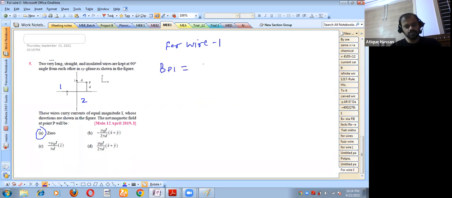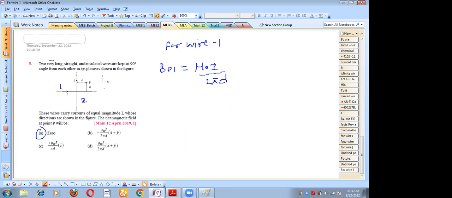What will be the value of magnetic field at point P? It will be mu naught I by 2 pi d. What will be the direction of magnetic field? Outwards. Yes, it will be outward.